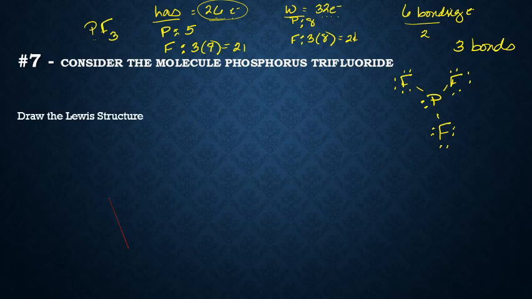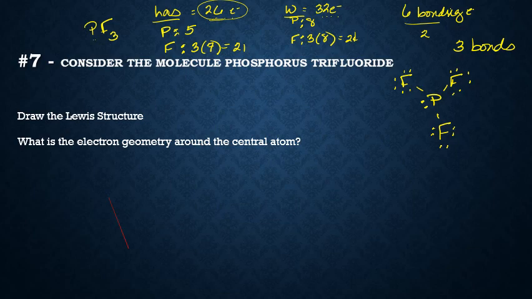There's the Lewis structure. The electron geometry around this central atom. It's always about the central atom. Well, here we have 1 thing, 2, 3, and 4. So I have 3 bonds and 1 lone pair. So that's 4 things around the central atom.